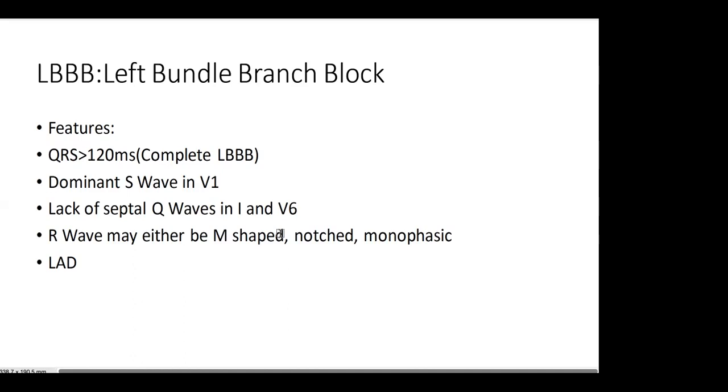There are various types. There could be an anterior, a posterior, and a septal branch block. But this presentation is basically just on the general morphology of a left bundle branch block.